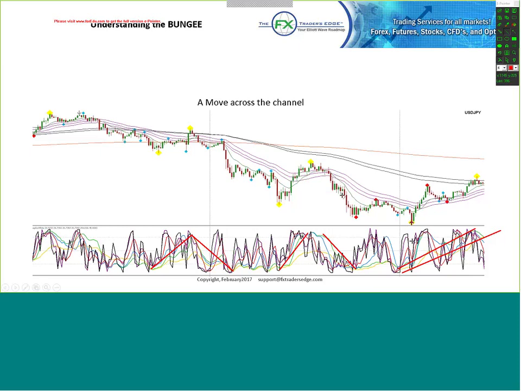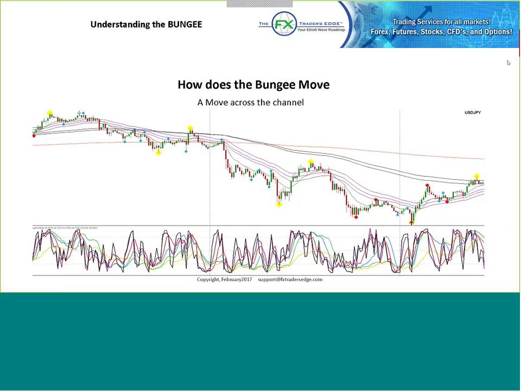And then you will see, again, with some slides later on, that the yellow bungee moves across the channel relative to the noble and royal semaphores, the grey and purple arrows. Okay, so we're understanding how the bungee moves.